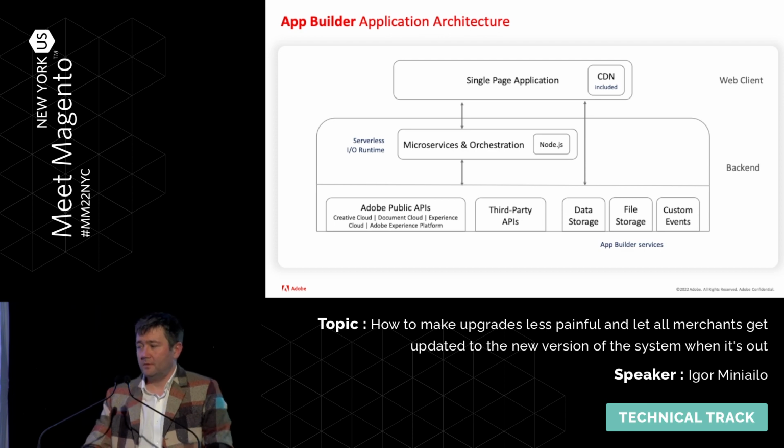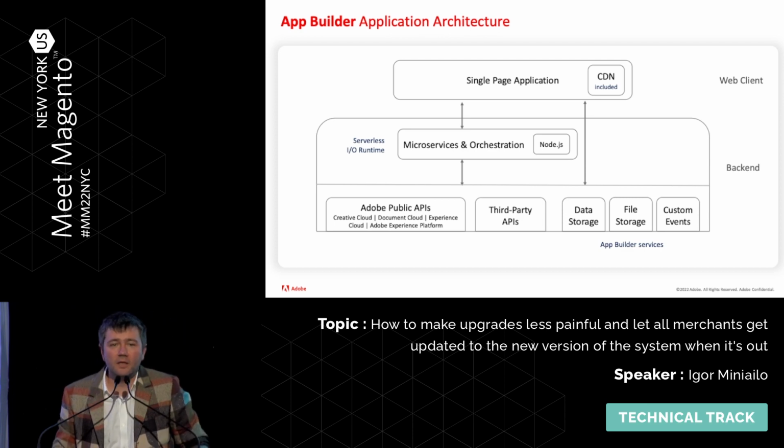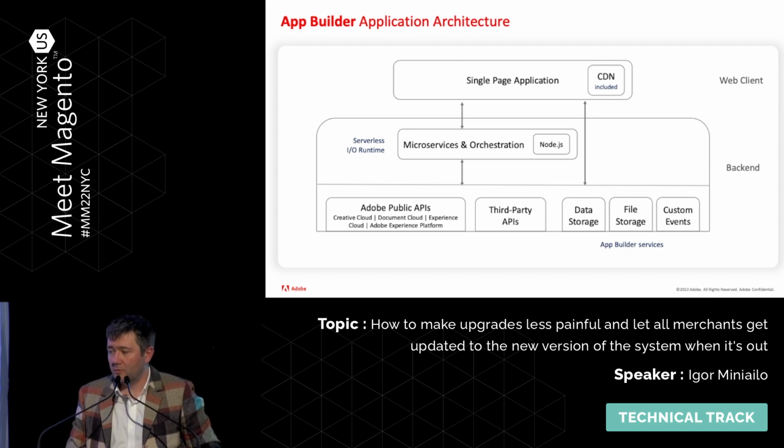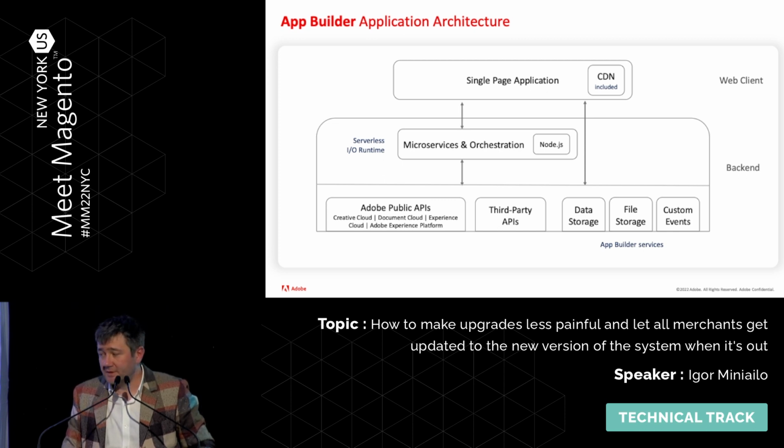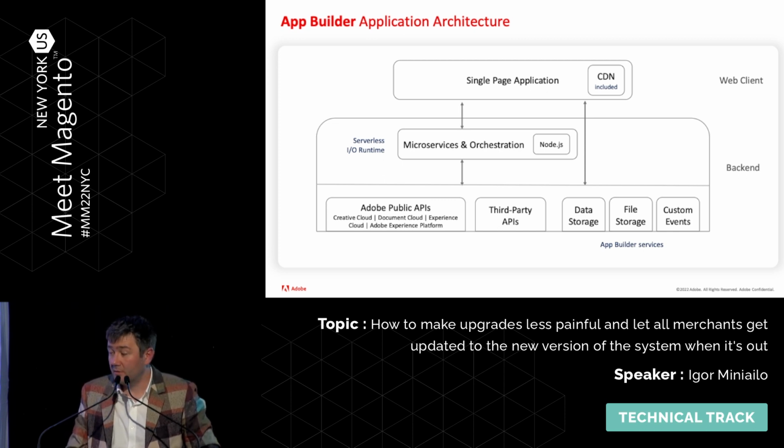This is a very high-level architecture of App Builder, where you may see that this is a node-based solution, which provides the possibility to store single-page applications on CDN, and along with that, it provides some file storage, some data storage, key value.